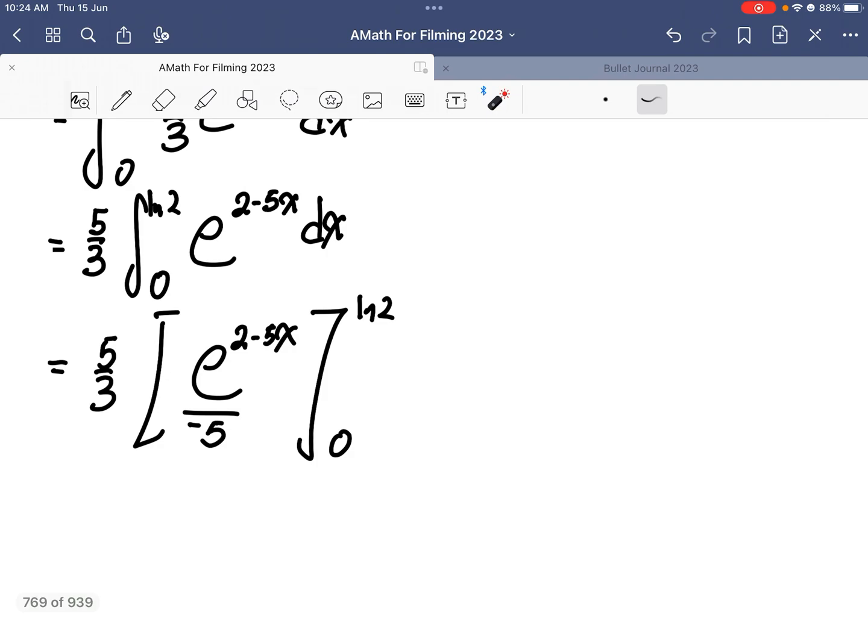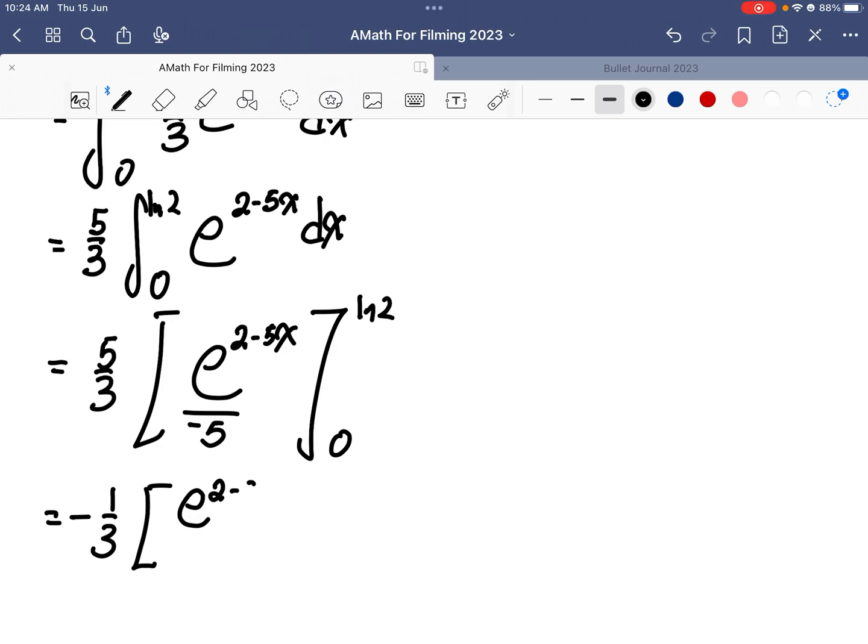What I'm going to do now is to factorize out the negative 5 first. Negative 5, if I factorize this, will interact with my 5 over 3, and this will give me negative 1/3 outside my brackets. What I'm left with here is e to the power of 2 minus 5x, from ln 2 to 0.